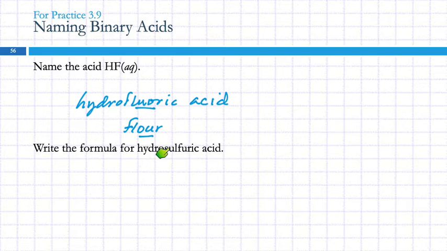What's the formula for hydrosulfuric acid? Well, what are the elements in it? Hydrogen and sulfur. Well, is it just 1-to-1? Yeah, it's going to be H2S. It's a molecular compound, but when you put it in water, it turns into ions.